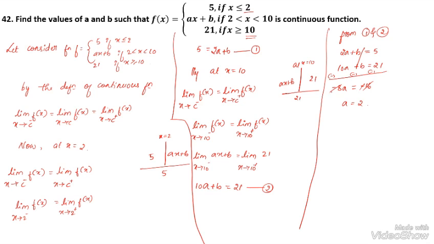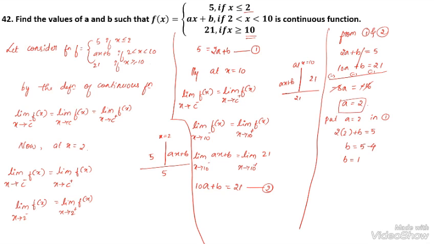The value of a becomes 2. While substituting the a value in any one equation, I am taking a is 2 in equation 1. That is 2 into a plus b is equal to 5. b is equal to 5 minus 2 into 2, which is 4. The value of b is equal to 1.